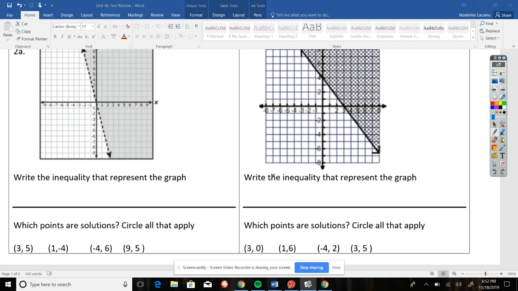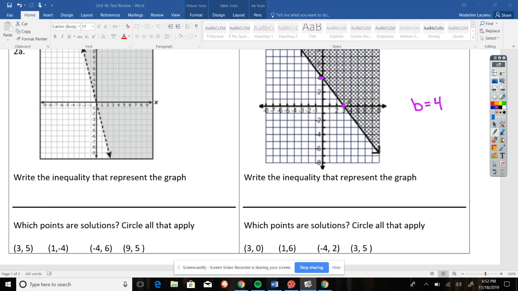So the first thing we need to do to write an inequality is figure out what the equation of the line is. So on this one, we know we have an intercept right here. And that intercept is 4. So we know our B is 4. And then for our M, we have to find another point. So this looks like another one. So I go down 1, 2, 3, 4.